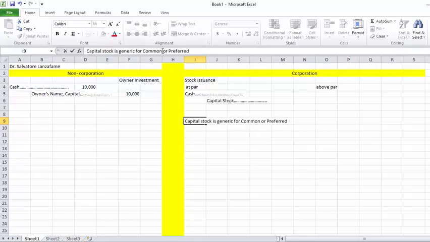So capital stock is generic for common stock and or preferred stock. Okay, just so you've got some of that information.